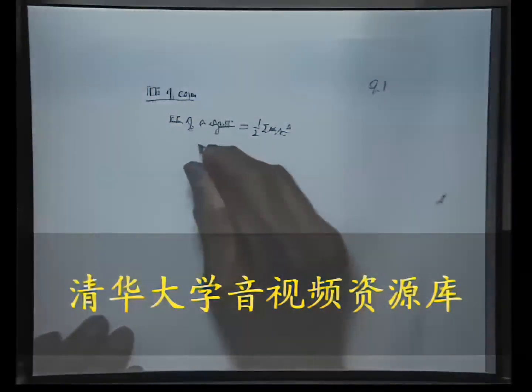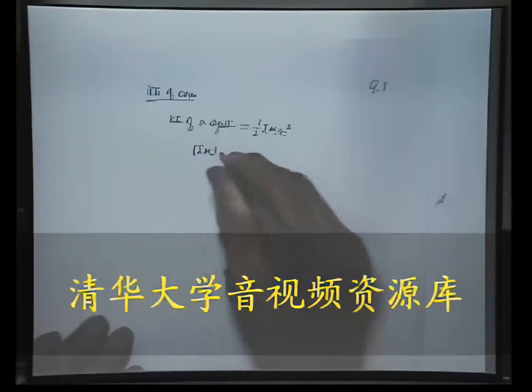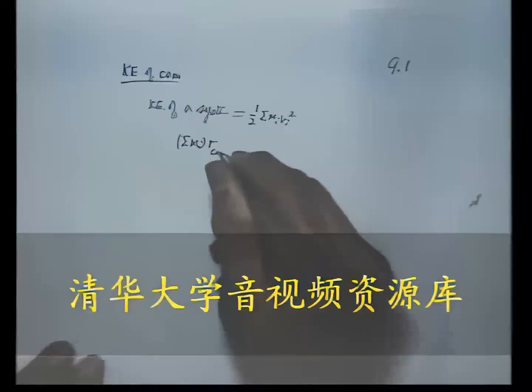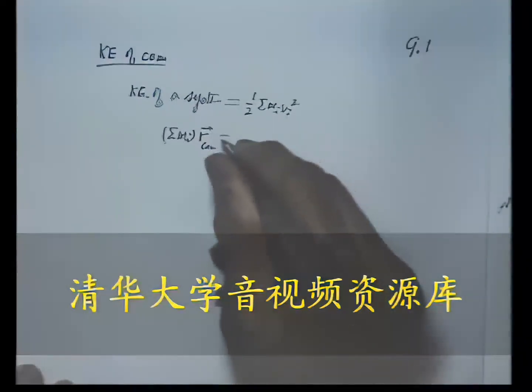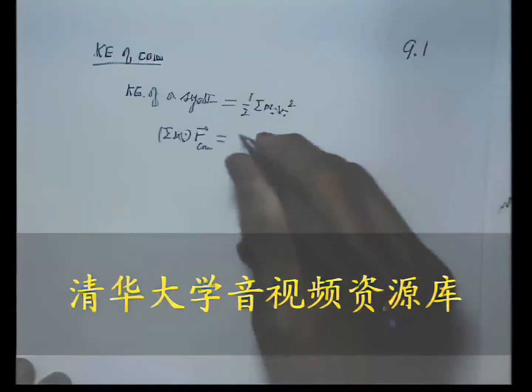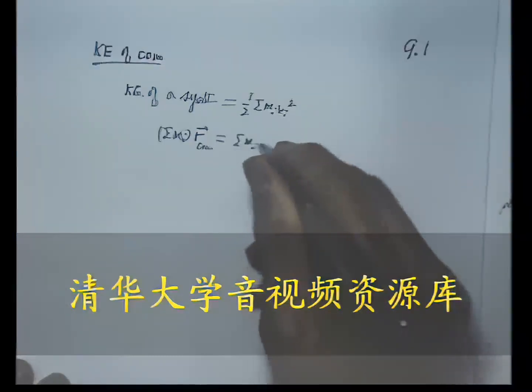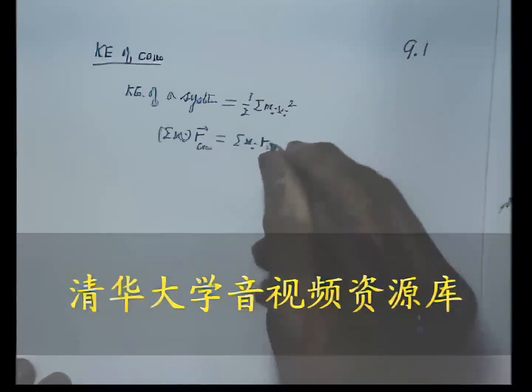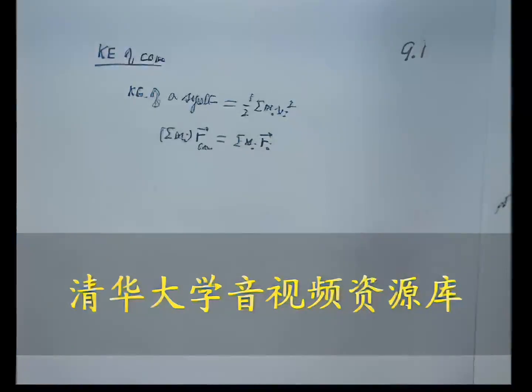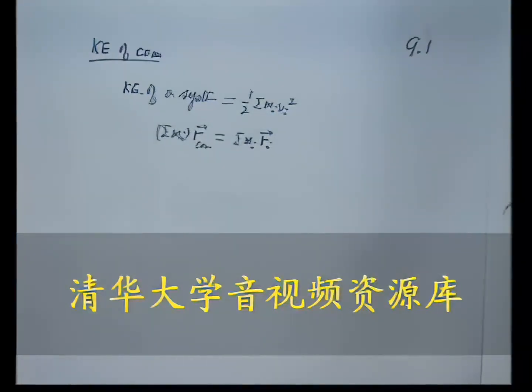Now, we have summation m_i times r center of mass is equal to summation, that defines the center of mass coordinate.